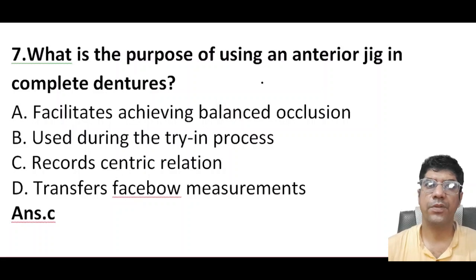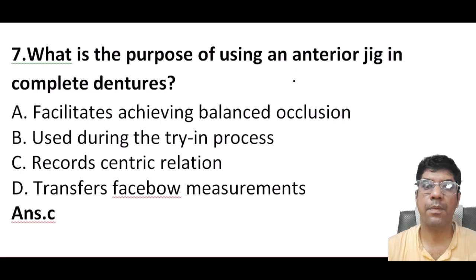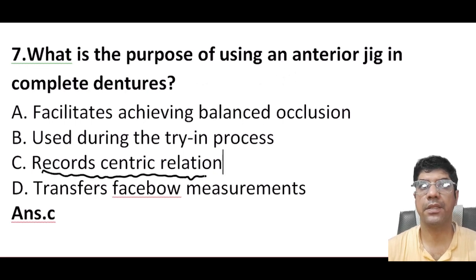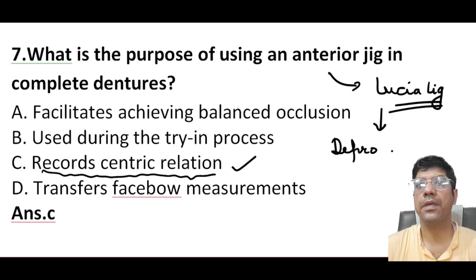Now coming to the next question, what is the purpose of using an anterior jig in the complete denture? Now the anterior jig helps you to record the centric relation. Remember, anterior jig is also known as Lucia jig, that is basically a deprogrammer.